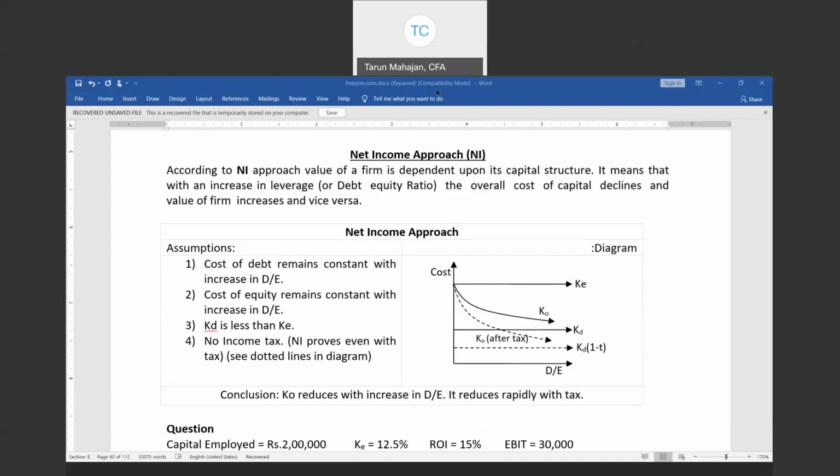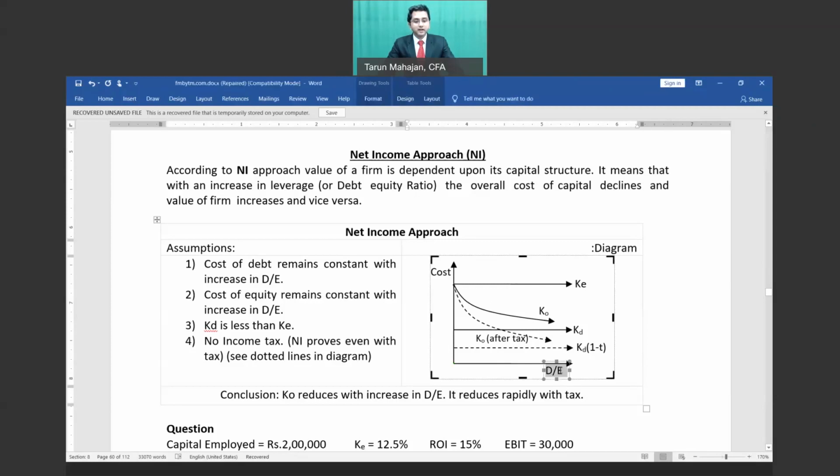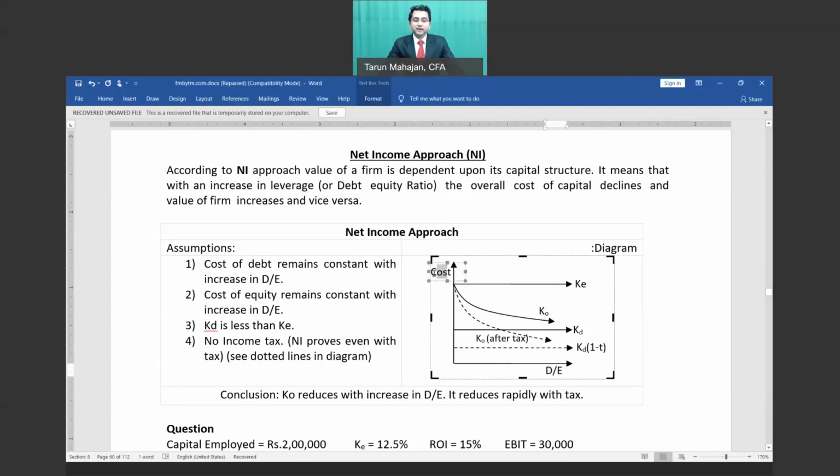Okay, have you got it? Look, on the x-axis, I have taken debt equity ratio. On the y-axis, it is the cost.